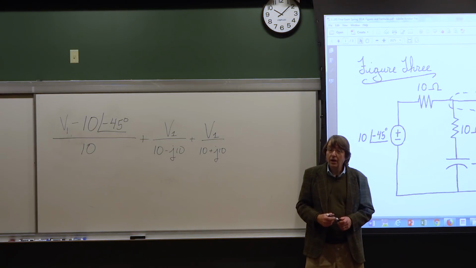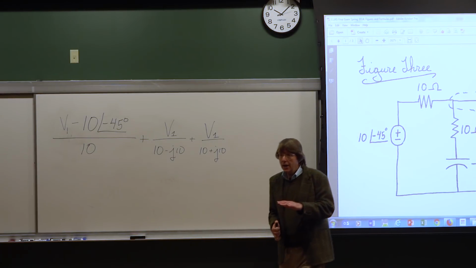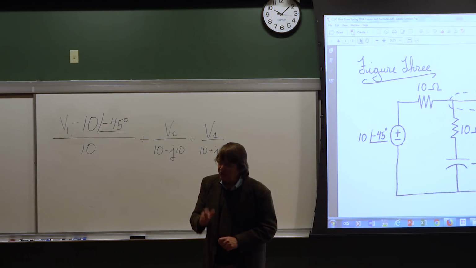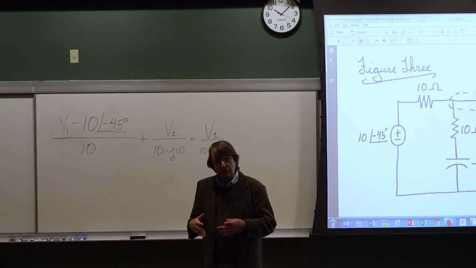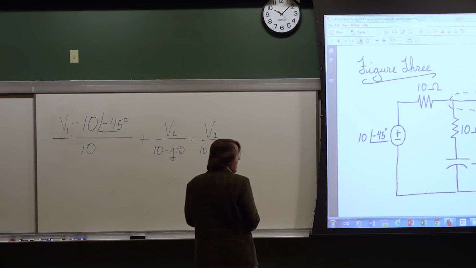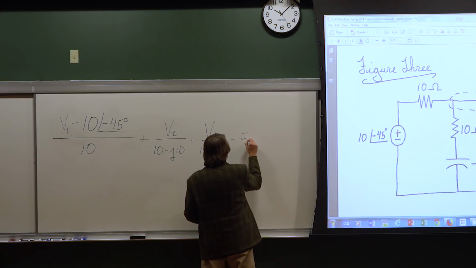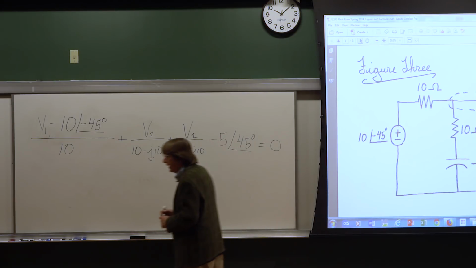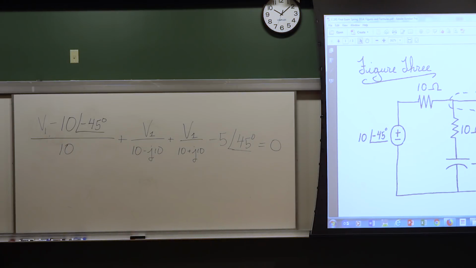Sir? Right. Positive, negative? Why negative, good sir? Because it's going in, and our reference direction is out is positive, so we're going to say you're coming in, it's negative. So it's minus 5 at an angle of 45 degrees, if I've done all this right. And this all equals 0.